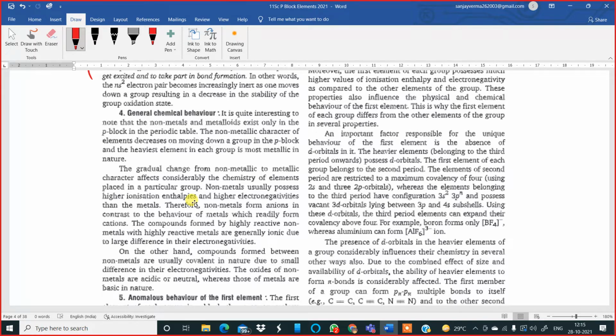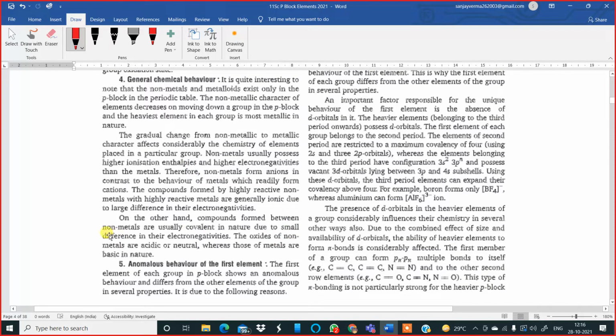Therefore, non-metals form anions, in contrast to the behavior of metals, which readily form cations. The compounds formed by highly reactive non-metals with highly reactive metals are generally ionic due to the large difference in electronegativity values. On the other hand, compounds formed between non-metals are usually covalent in nature due to the small difference in electronegativities.